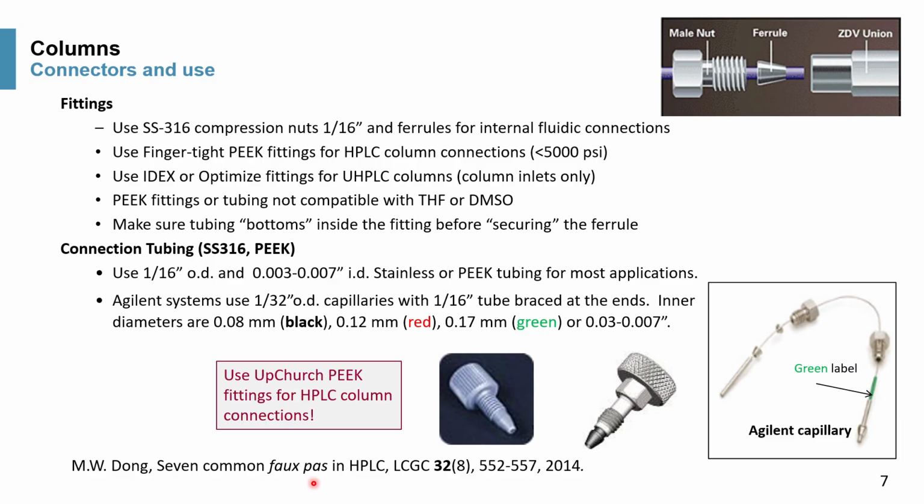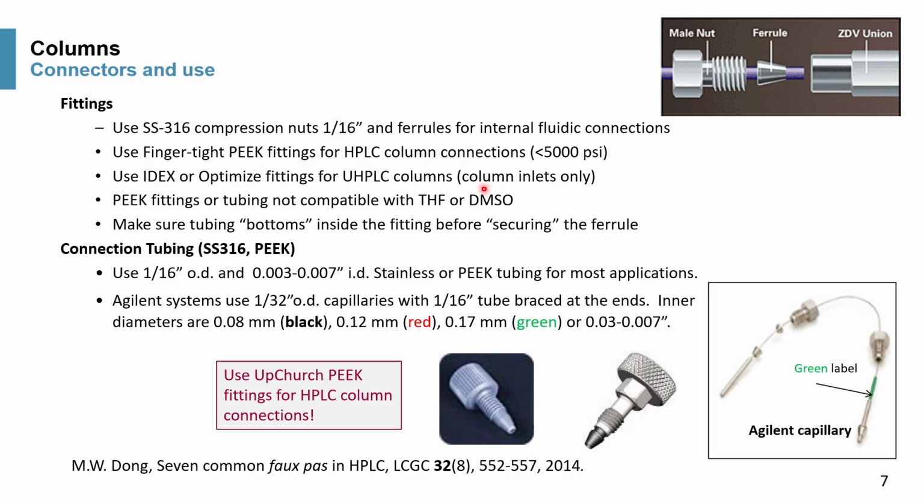Continuing on column connection and use. We're talking about fittings. Note that stainless steel 316 compression nuts, such as Swagelok, these nuts are 1/16 of an inch, and ferrules are used for internal fluidic connections inside the pump or inside the system. However, for the column connection, one should use finger-tight fittings.